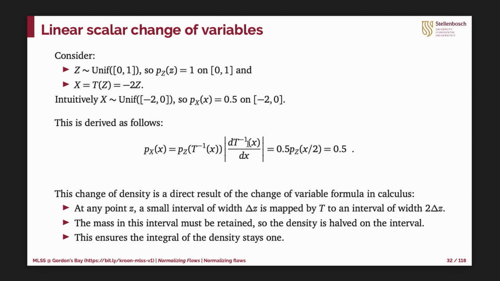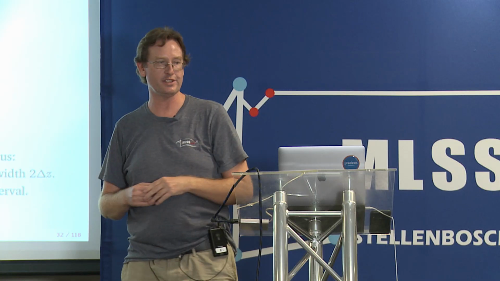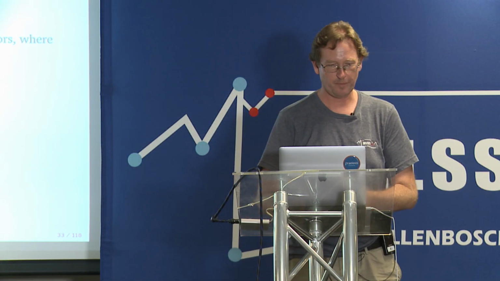Okay. So at any point z, a small interval of width delta z gets mapped to an interval of width twice the size. So that the mass that's on that little interval now needs to be spread out over a section that's twice as long, and that means we need to halve the density.